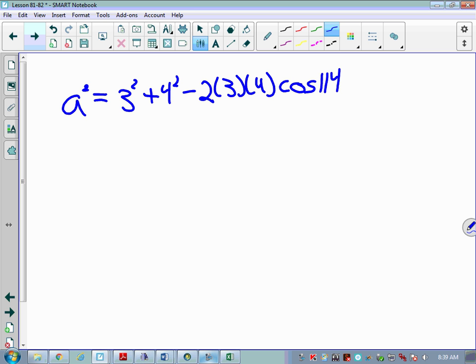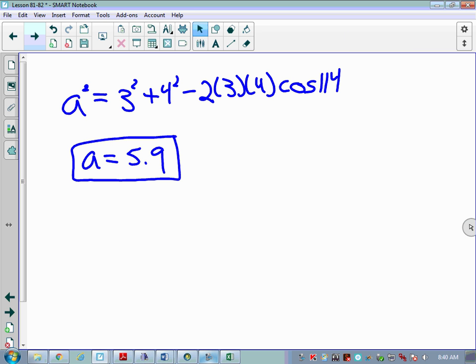I'm going to let you guys work this one out. What'd you get? A equals 5.9. That is correct. All right, so that brings us to the end of law of cosines.